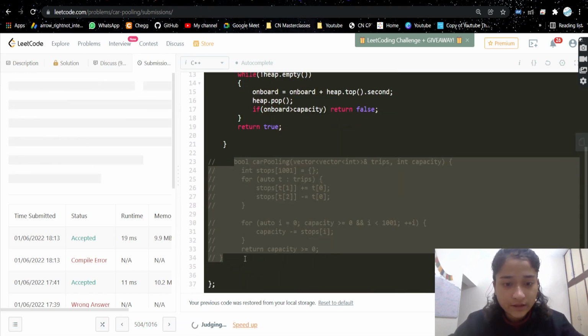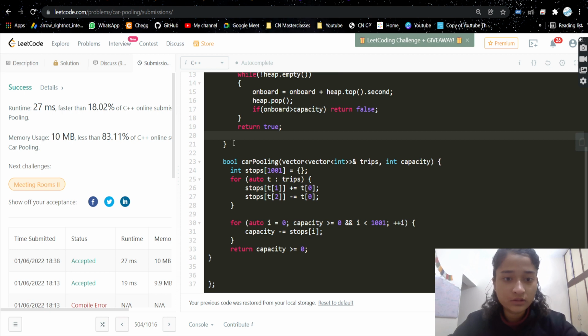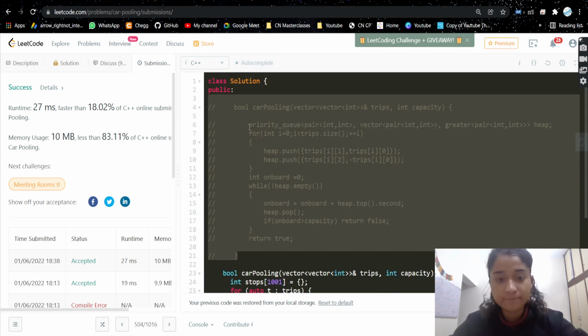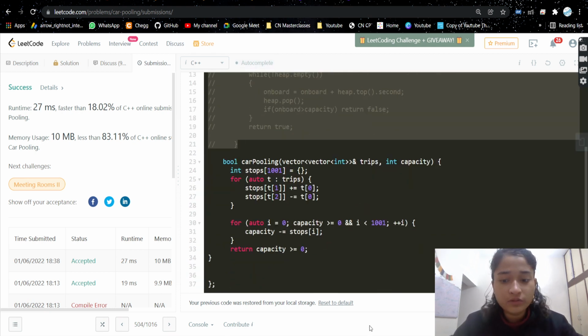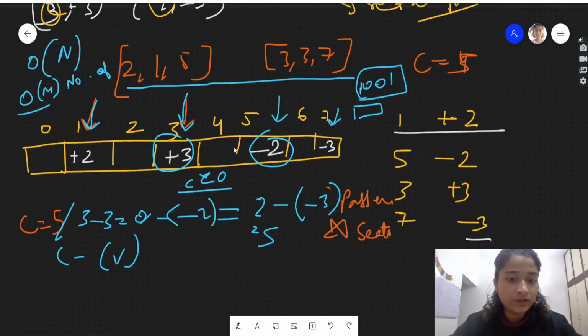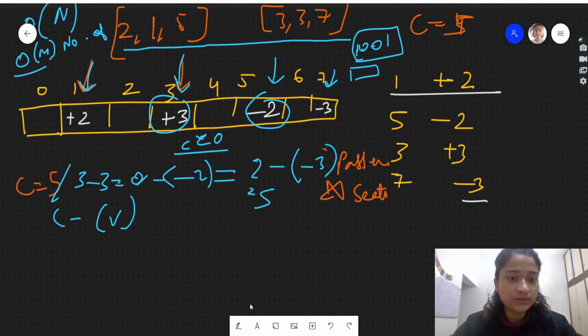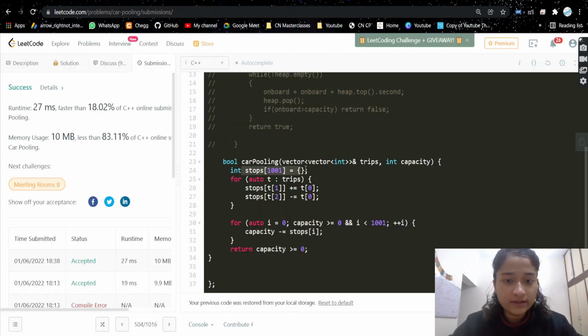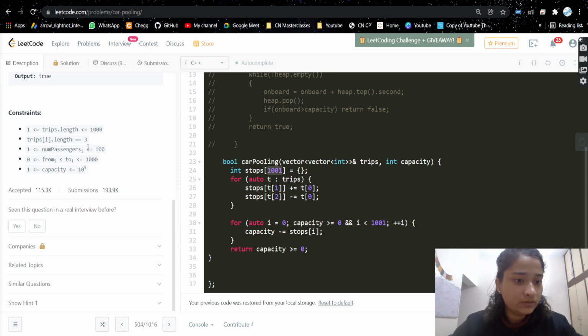If you see the second approach, in the second approach, what we were doing, instead of heap we were taking an array only to store these. So this array is of size 1001 because at max there could be 1000 stops over here.